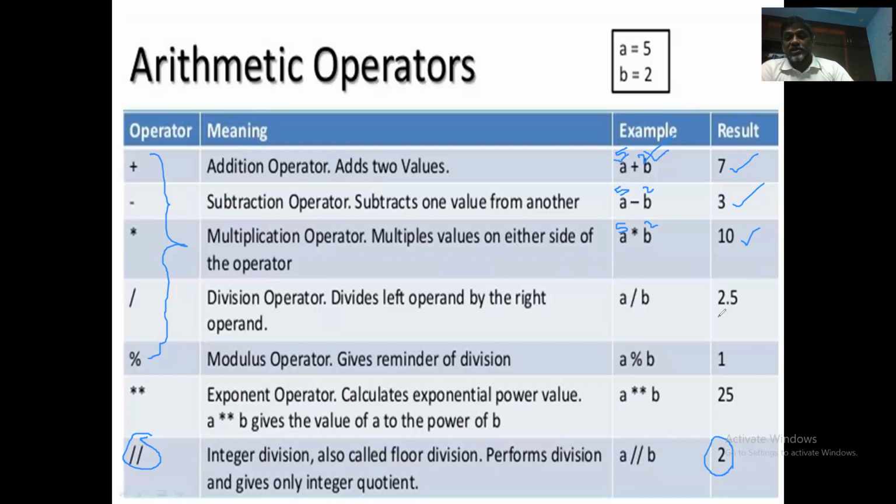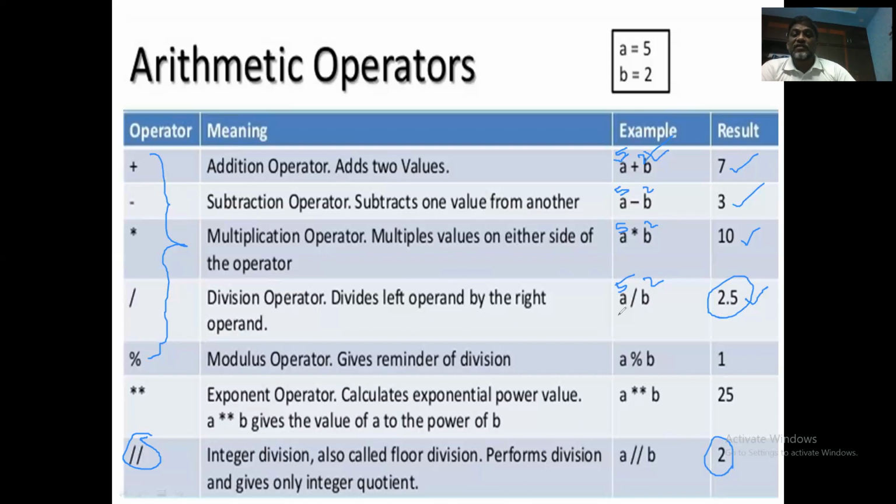If you want a float result, then use this single slash for division operation. Okay, so the division operation is represented by this symbol. So 5 by 2, okay, is 2.5.